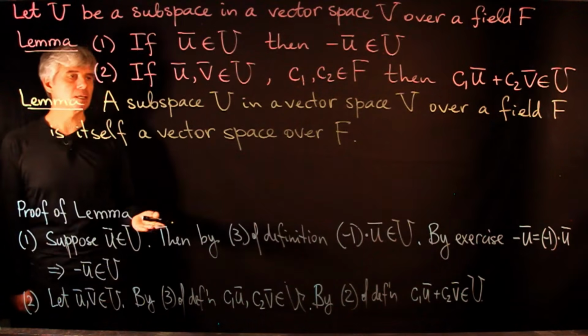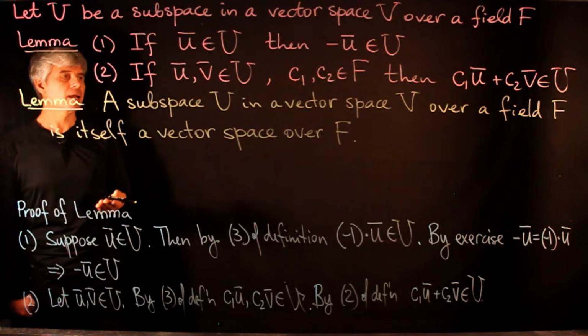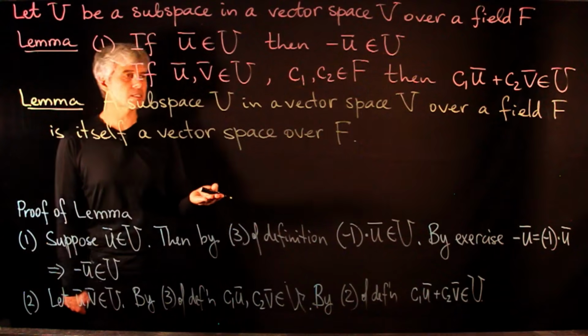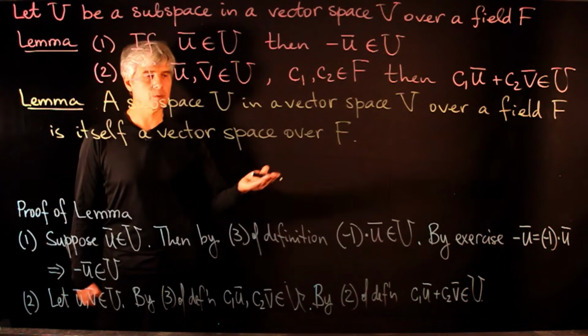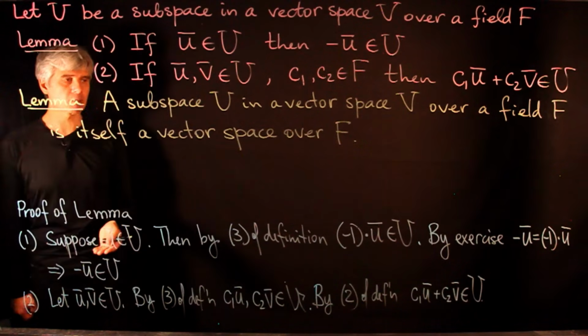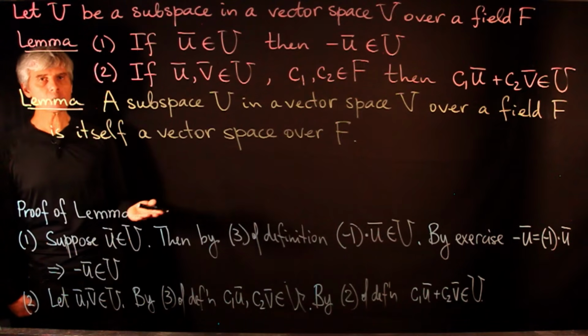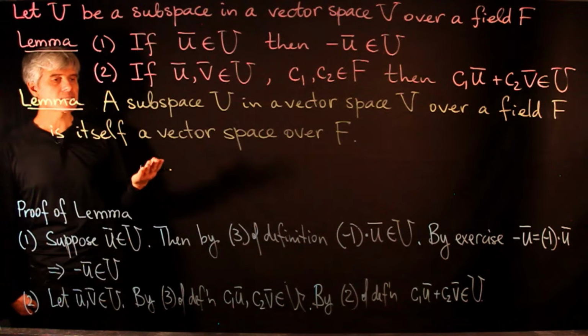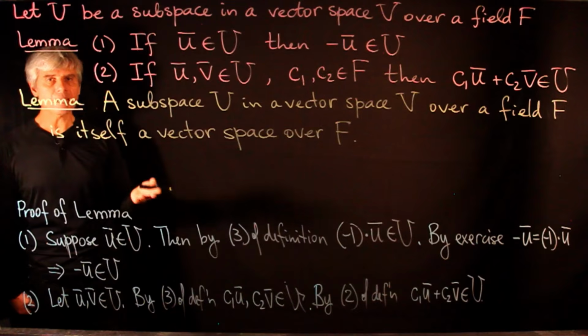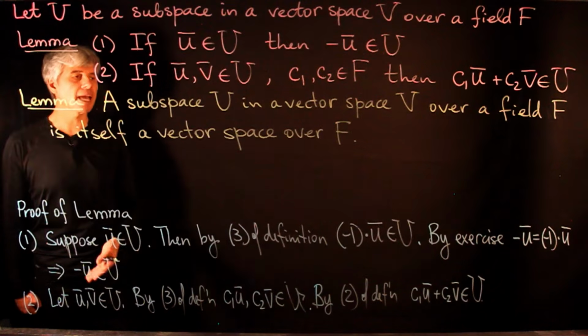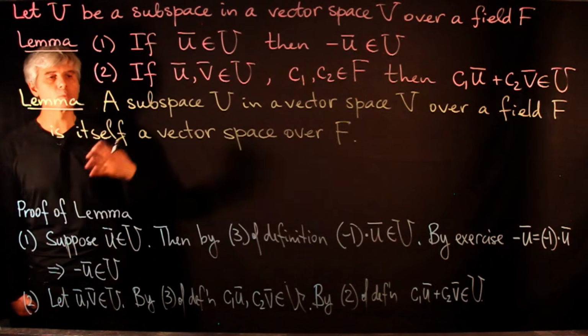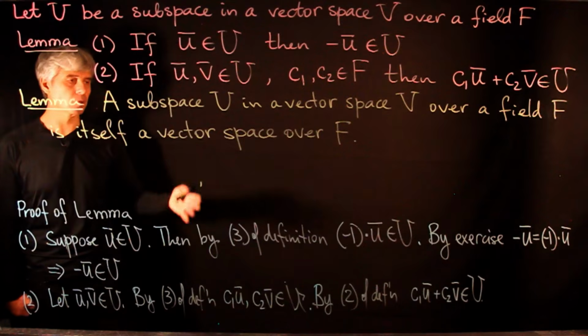So this means that a subspace has all prerequisites of being a vector space. It has all the operations of a vector space. Now, a vector space must satisfy 8 axioms, reasonable axioms like U plus V is equal to V plus U and so on.